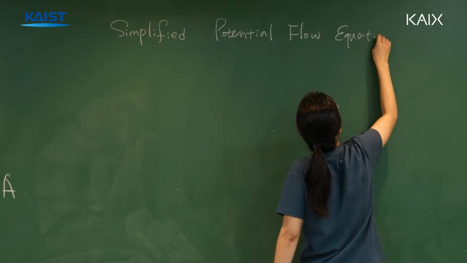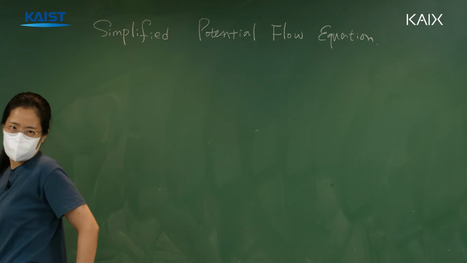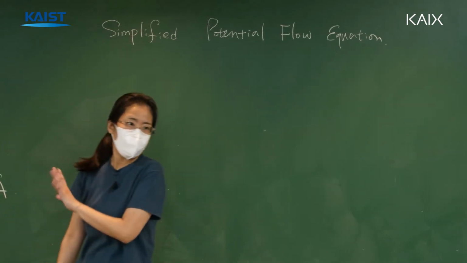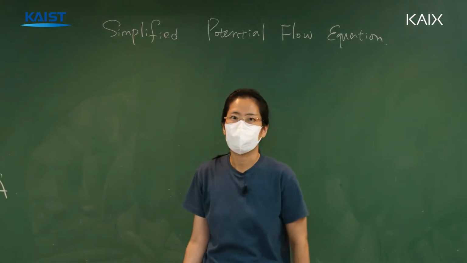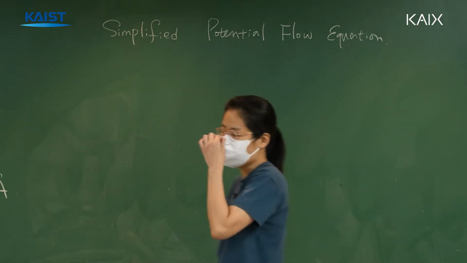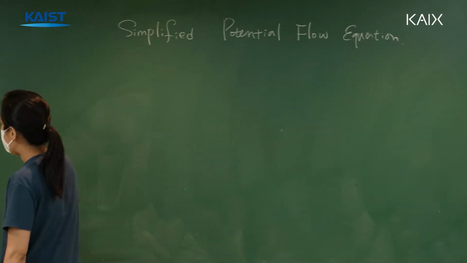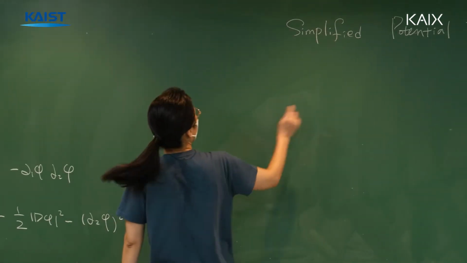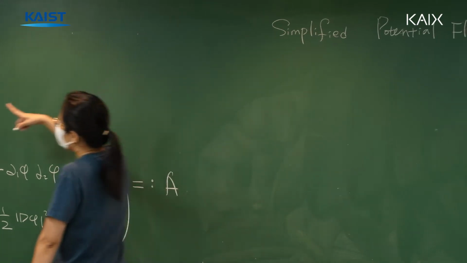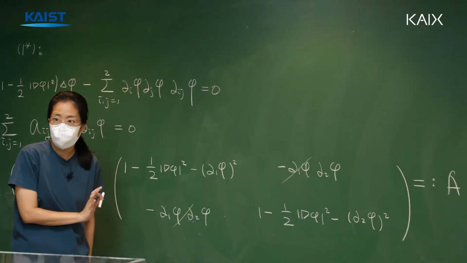By the way, this is the equation that I studied for my PhD dissertation. Although I worked on the n-dimensional case without any restriction, this is the equation. You can see that this is already very non-trivial to study. So, simplified potential flow equation. Now I'm just going to assume that I remove this term to be 0.